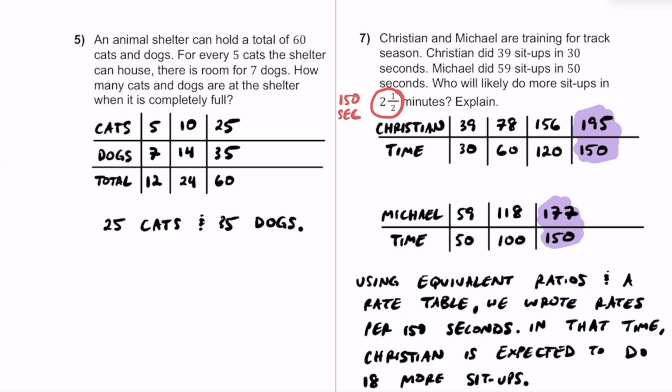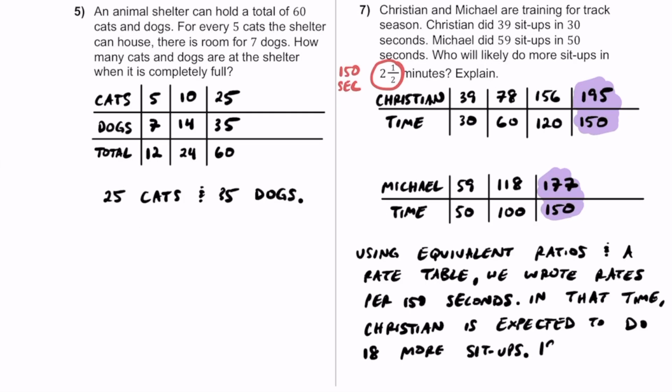But if you're using some mathematical reasoning here, I think there are a few different ways you could go about it. I think if you're using these equivalent ratios and rates and proportions, mathematically, we'd predict that Christian could do more in that time. However, you can also mention people getting tired or fatiguing over time as well.